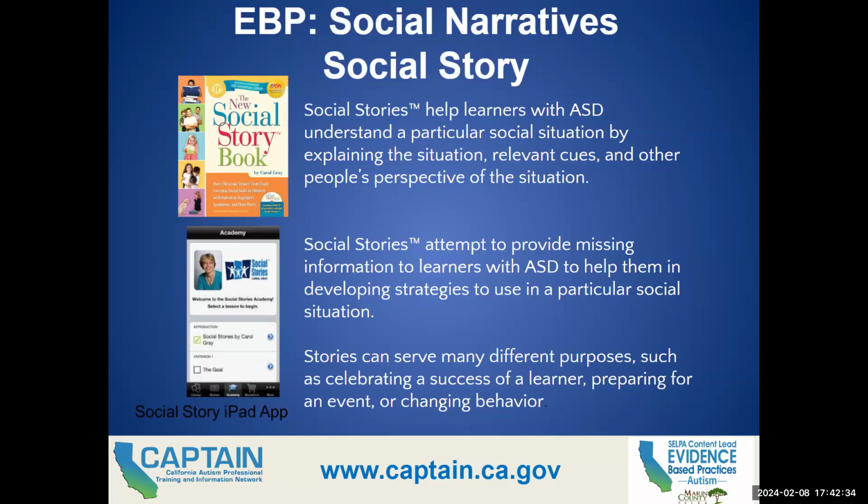We're going to talk more about social narratives and social stories, but that just gives you an idea. Carol Gray did create an app. It's kind of on the older side, and we're going to discuss tools that are a little bit more up to date, but I just did want to say that Dr. Gray and her community did create one.